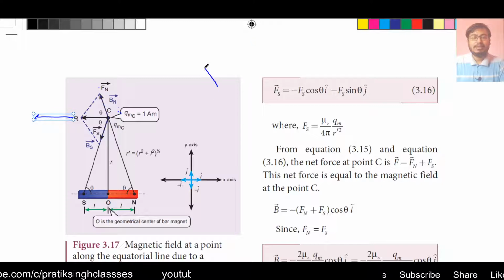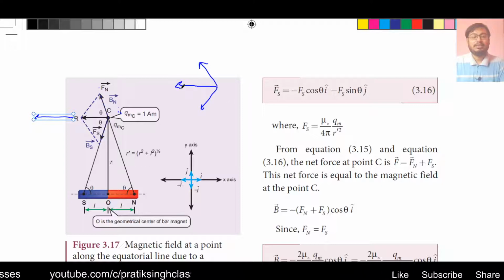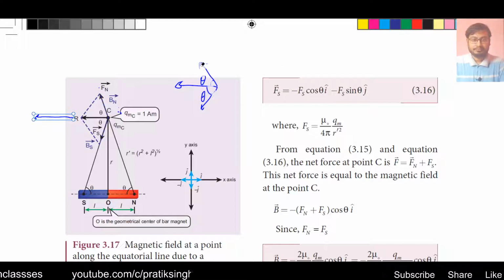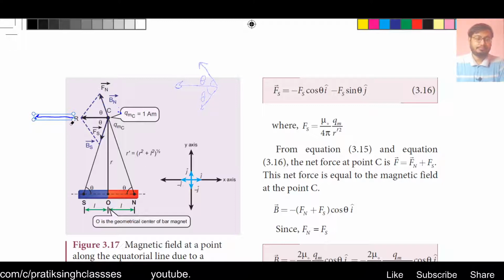If one vector is this way and another is this way, and their magnitudes are the same, then the resultant vector will lie at equal angles from both the vectors, which we have seen in standard 11th vector physics.